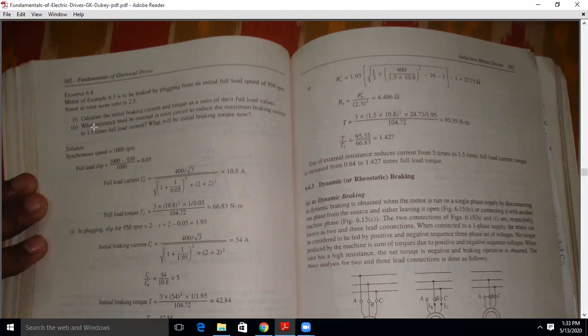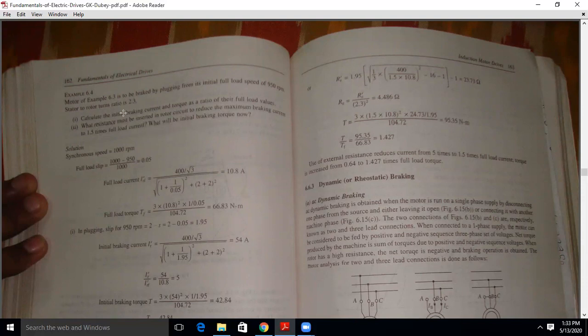Second, what resistance must be inserted in the rotor circuit to reduce the maximum braking current to 1.5 times the full load current? And what will be the initial braking torque now? So after this condition, what will be the initial braking torque is asked.